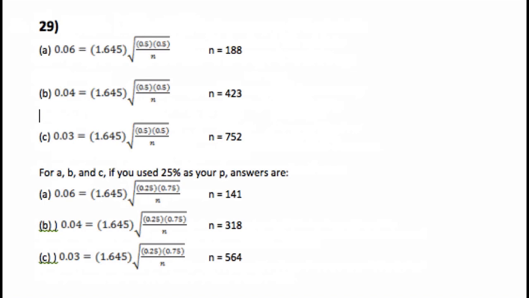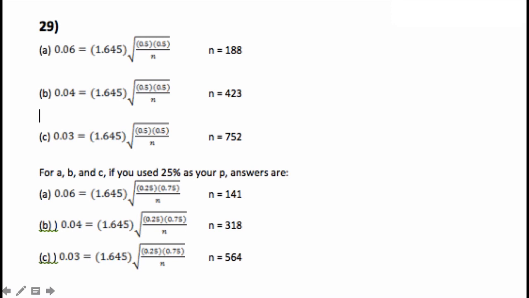If you use the 25% as your p, then your answers are as below. But if you don't know the sample proportion, the rule of thumb is to go with 50%, because that will give you the largest numbers, and that will help you be a little bit more accurate in the long run.